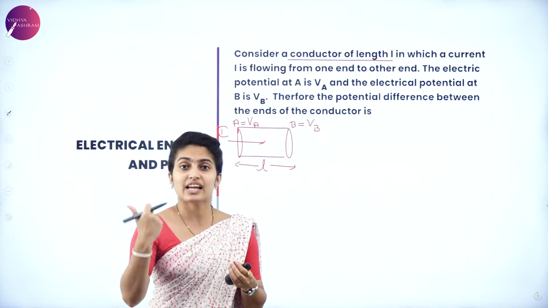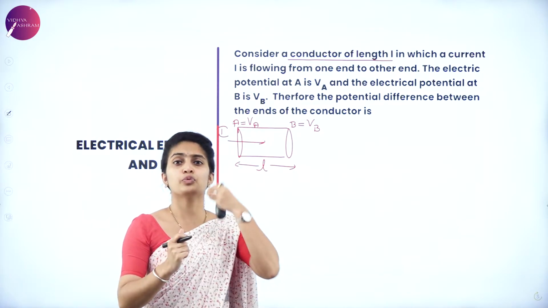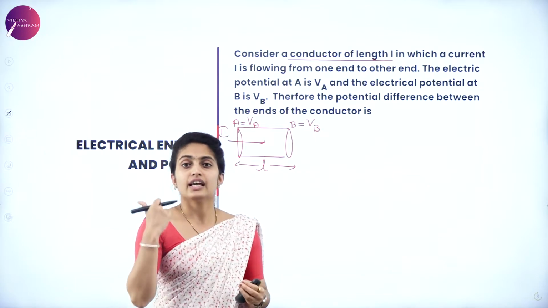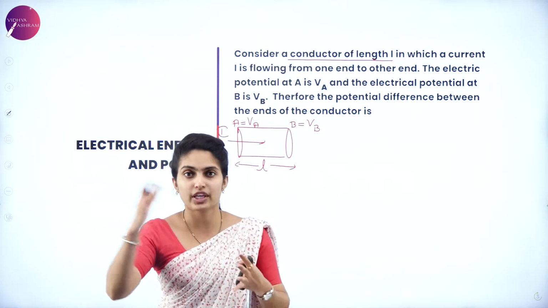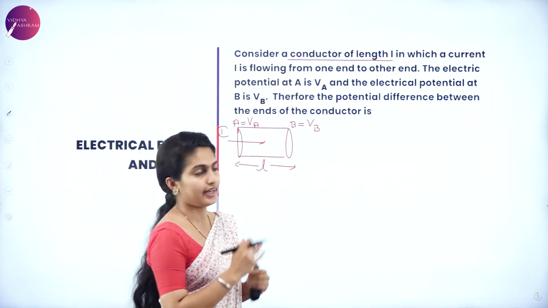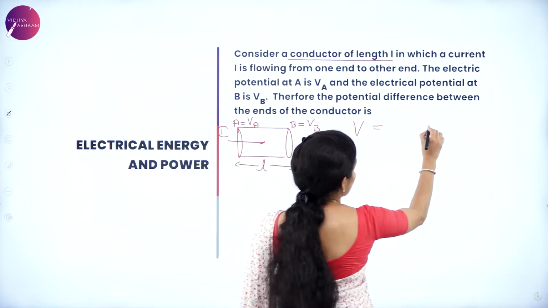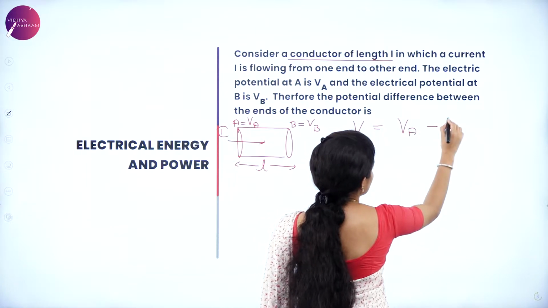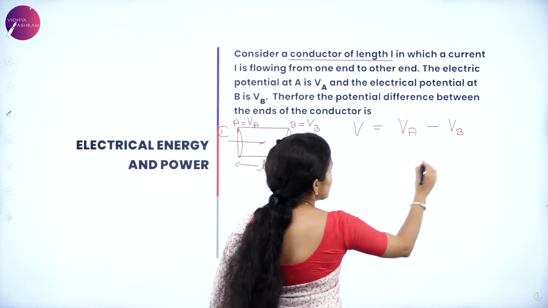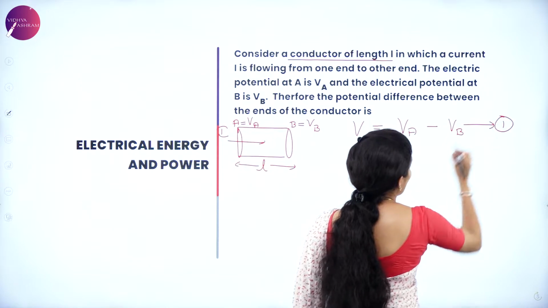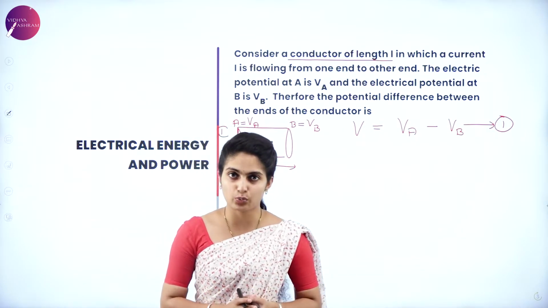Suppose the end A of the conductor is at a very high potential, that is, end A possesses higher potential than end B. So the potential difference is V equal to VA minus VB, higher minus lower. Call this equation 1.